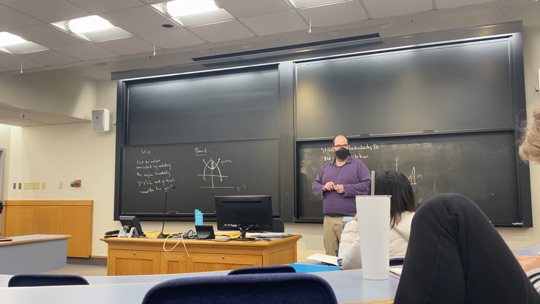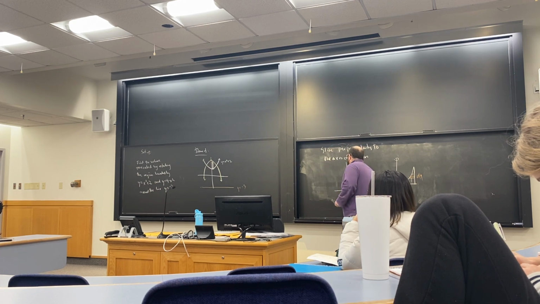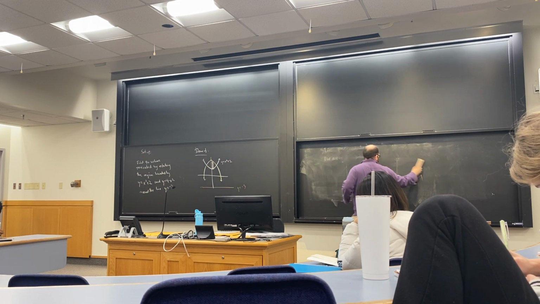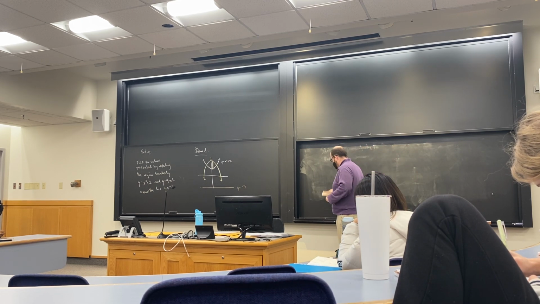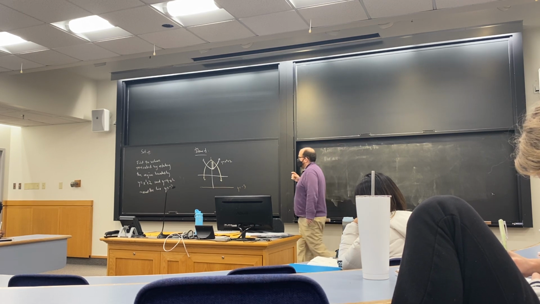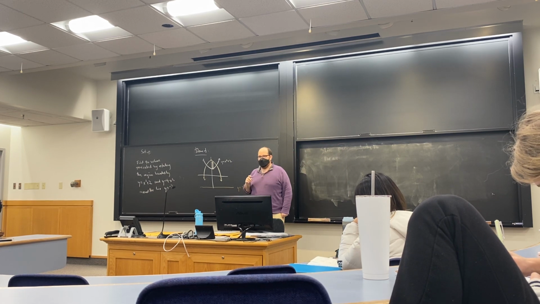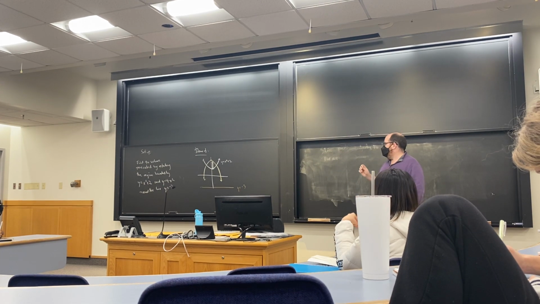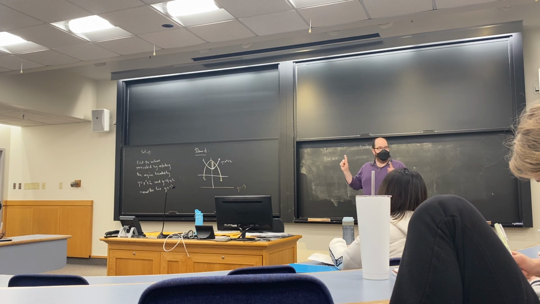Is everybody okay with that? So then what I'm doing is, what's one more thing I probably need about the graph? I want to set up the integral. Where they intersect.